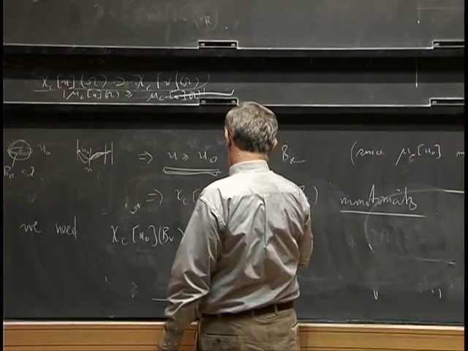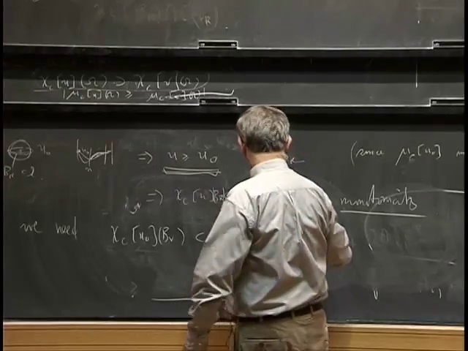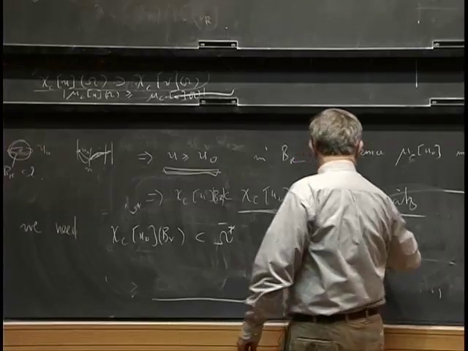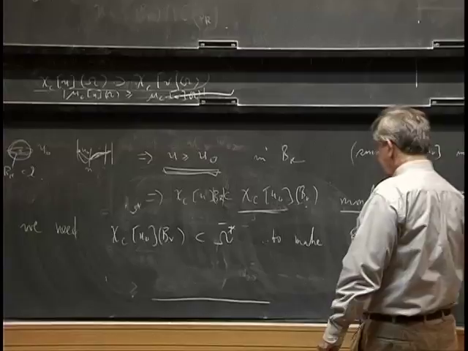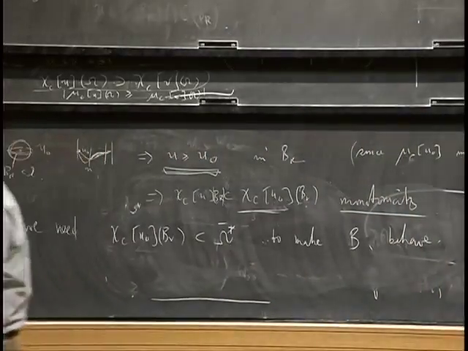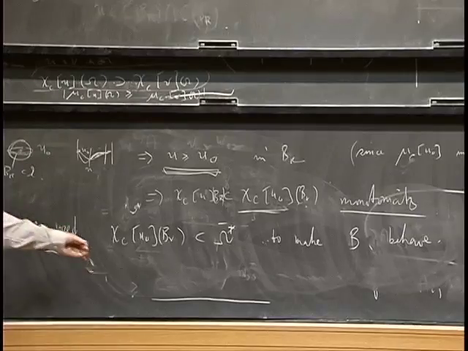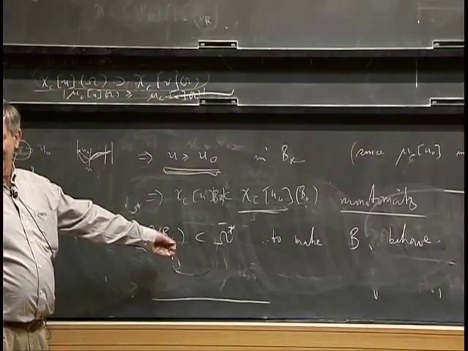We need that so that we make this B term behave. So what's the condition that keeps this image inside omega star bar?